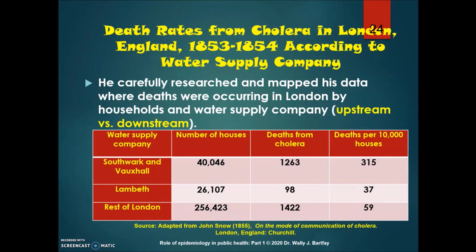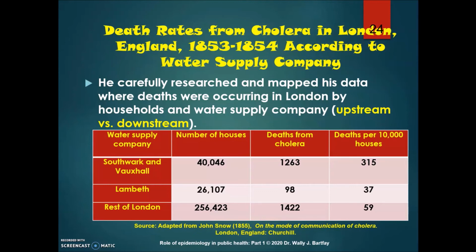So he carefully researched and mapped his data on where deaths were occurring in London by household and also by the specific water supply company. He realized that some of the water supply companies were drawing from an upstream source on the Thames River and others from a downstream source.